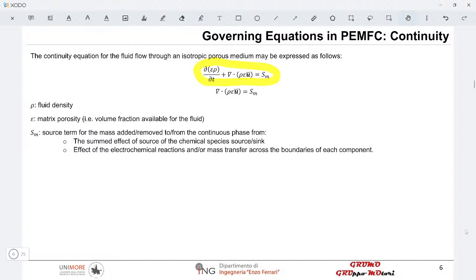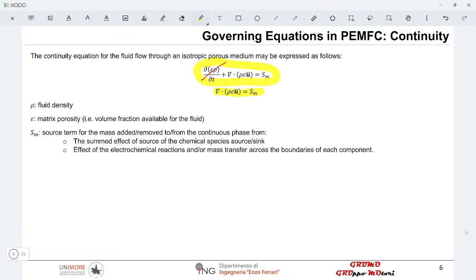So the first term, which is the one related to the variation in time, so in a way the mass accumulation within a given finite volume, is a relevant term in compressible fluid problems. Here we have no variation related to time, so we will only remain with this second form here.